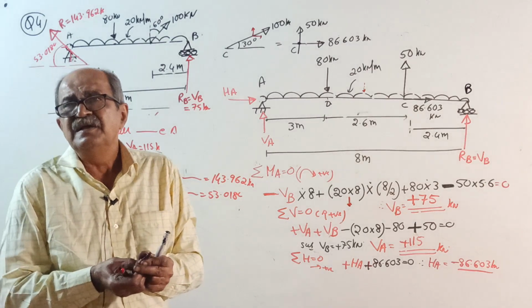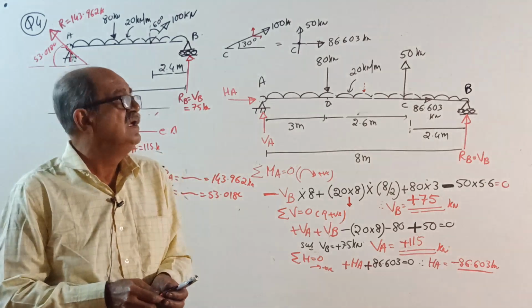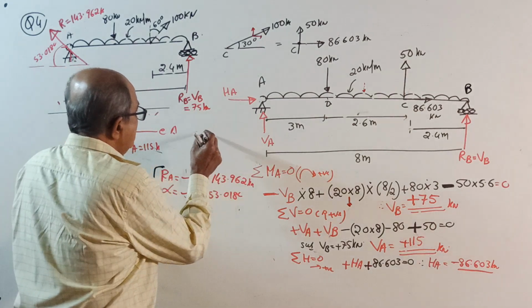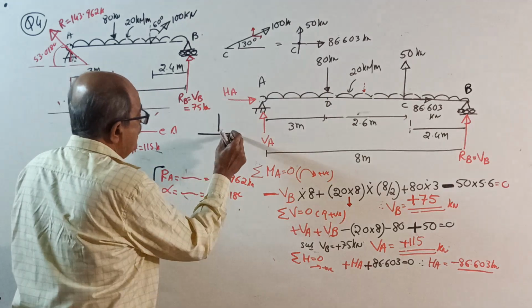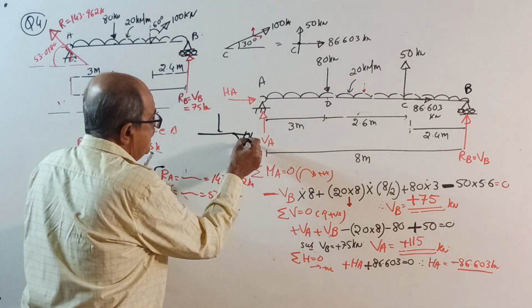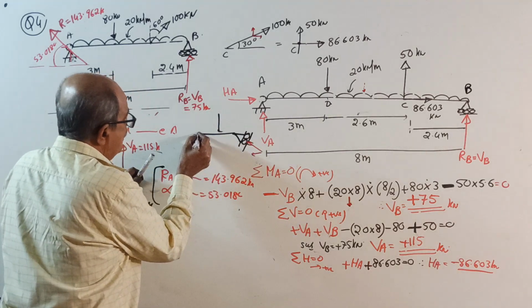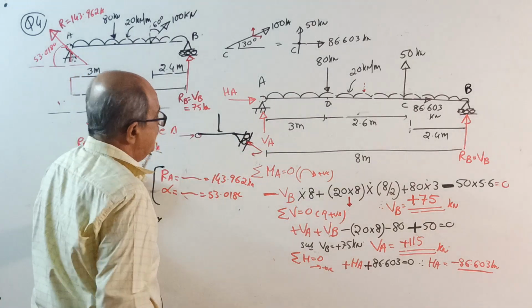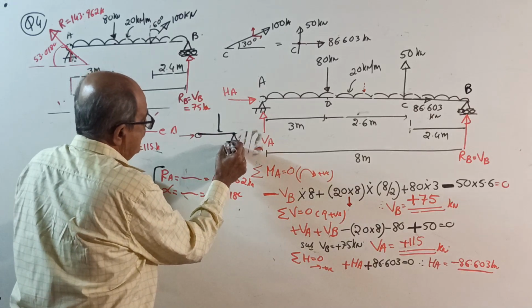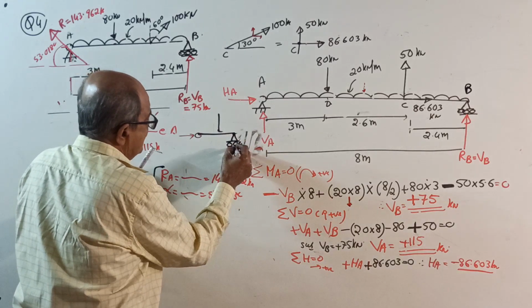Remember, if a horizontal load is not given and the roller is the usual roller, even if I give only a vertical load, if the roller is this way, this reaction will have a component. So, at the hinge, one reaction will come. But if the roller is in the usual way, this way, only a vertical reaction.